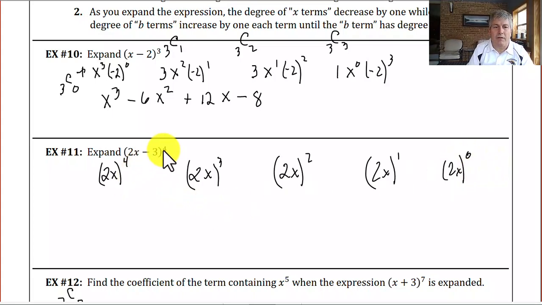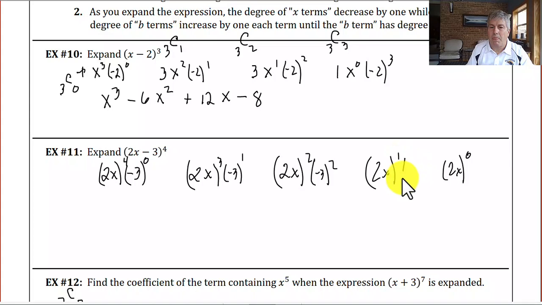And then for our negative 3's, we're going to count up from 0: negative 3 to the 0 first, negative 3 to the first, negative 3 to the second, negative 3 to the third, and negative 3 to the fourth. So now I've done my counting down with my x term, my counting up of exponents with my b term, and now I need my coefficients.